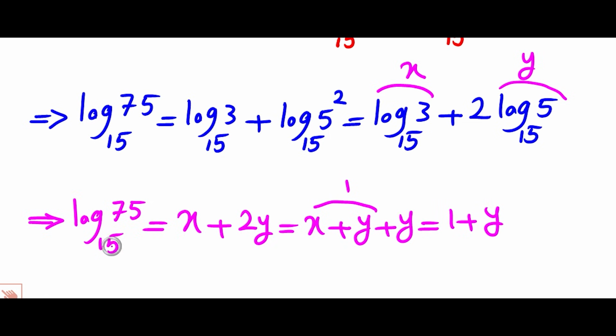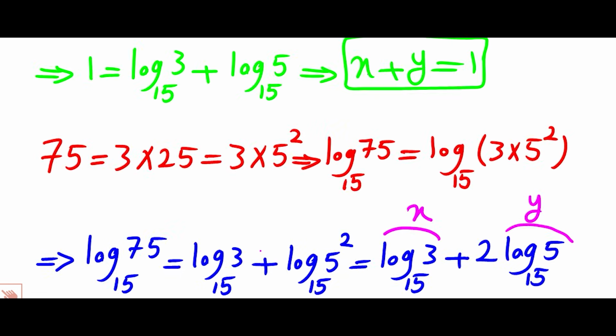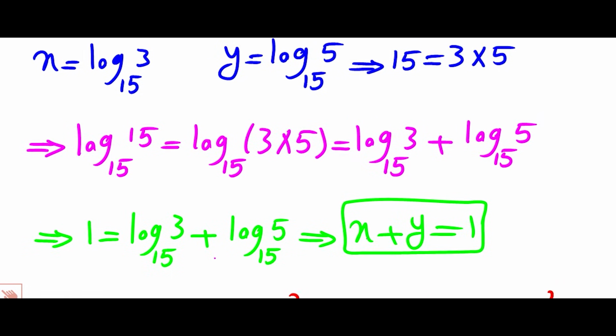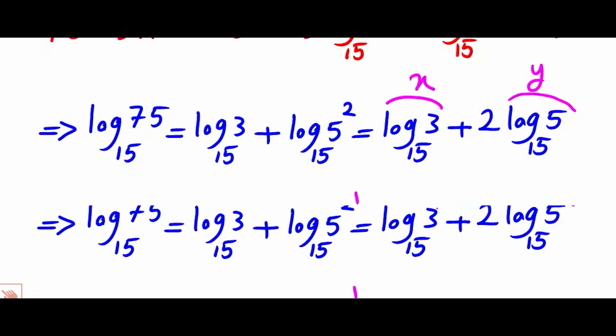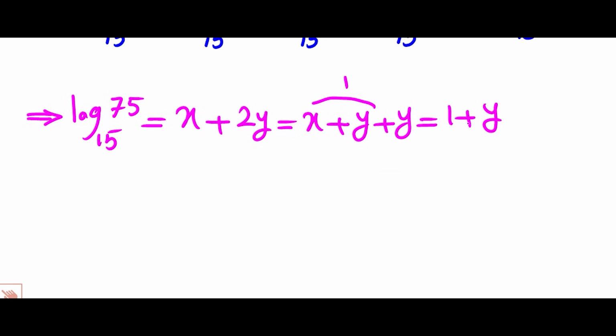So log base 15 of 75 is 1 plus y. Now substitute everything into the original expression. Log base 15 of 5 squared is y squared, plus log base 15 of 3 is x, and log base 15 of 75 is 1 plus y.